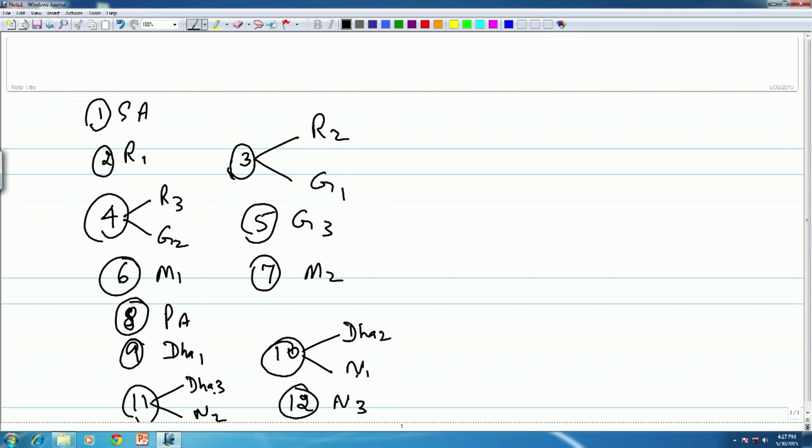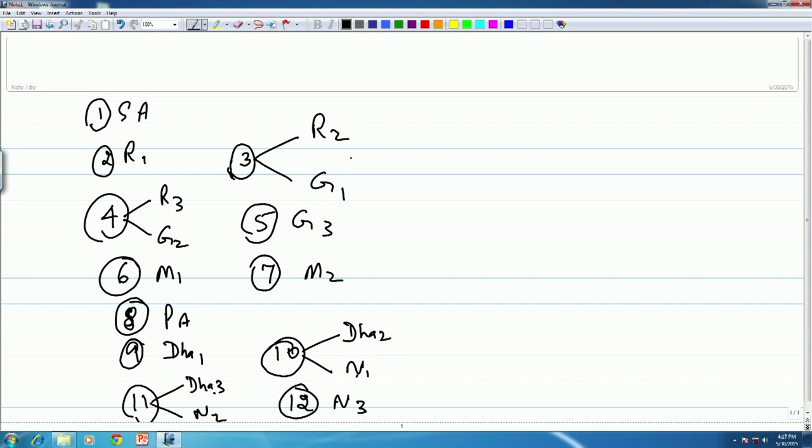So, how do we decide? Suppose we have the third Swarasthana in a raga. Then how do we decide whether it is going to be Re2 or G2? This is the third Swarasthana.